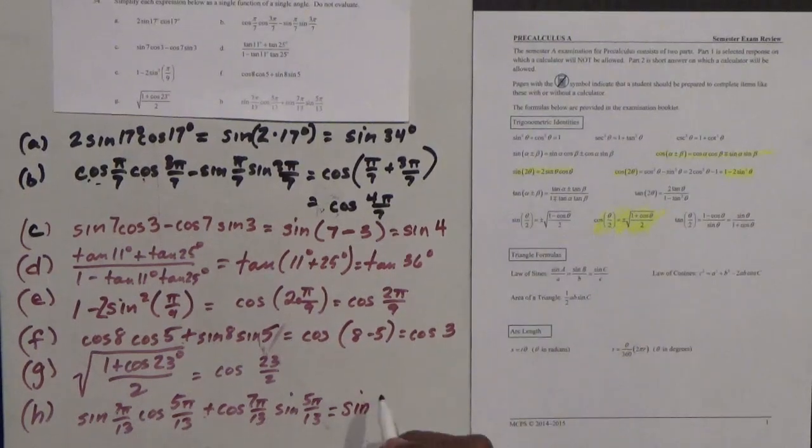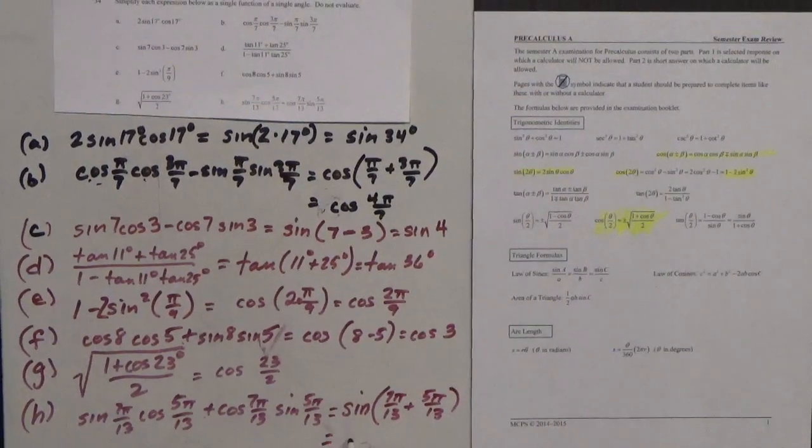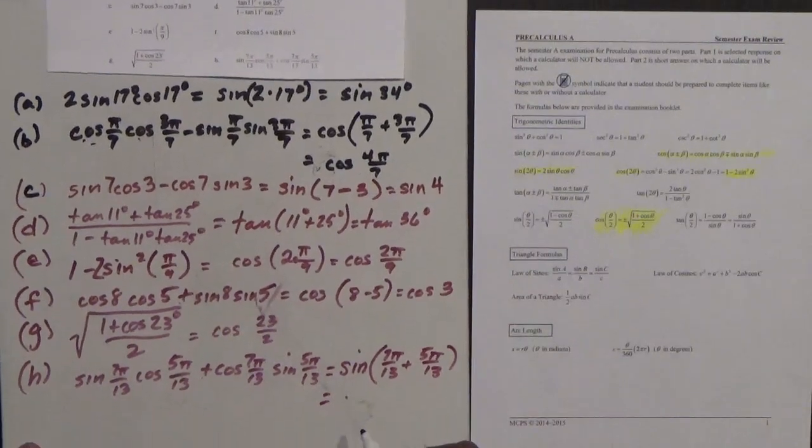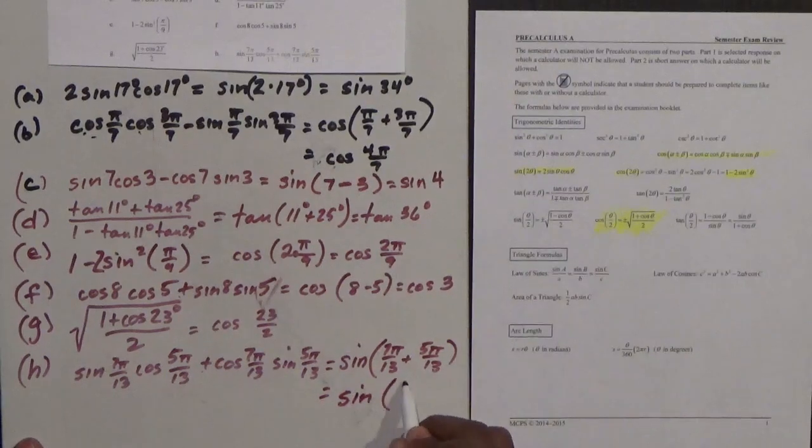Same sign, so we want to go 7 pi over 13 plus 5 pi over 13. And that's going to give us sine 12 pi over 13.